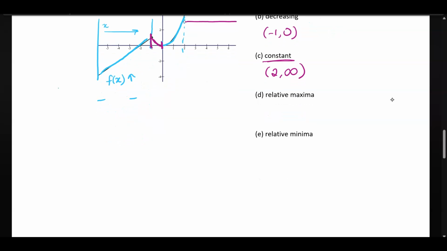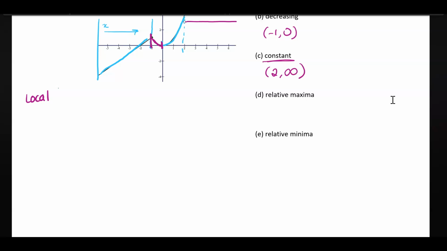All right, let's talk about relative maximum and relative minimum. In order to talk about that, we need to talk a little bit about what a local maximum is and what a local minimum is. So let's write down some vocab real quick.